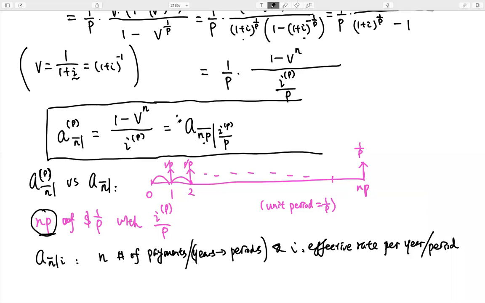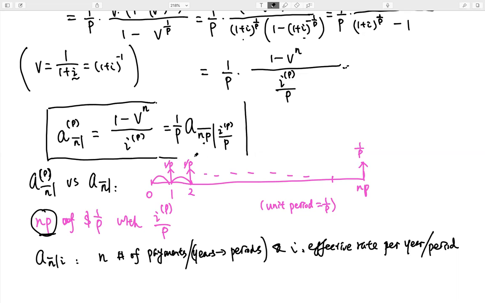But of course, I will need to times by the size of the payment, because it's not one, it's actually 1 over p. So I just need to times by this. And obviously, you can use your previous knowledge to derive this. This is exactly what I have done here. That's the formula if you apply. But from the notation point of view, you can write the formula in this sense.